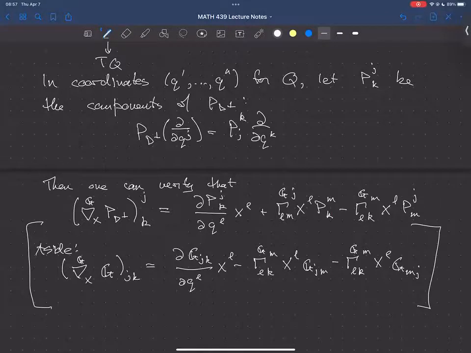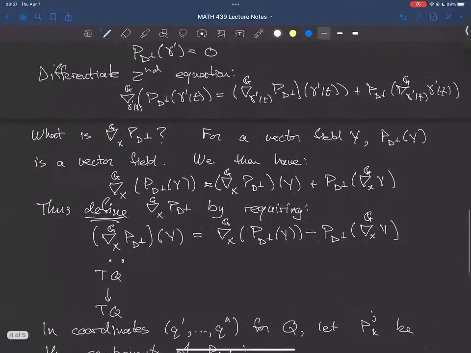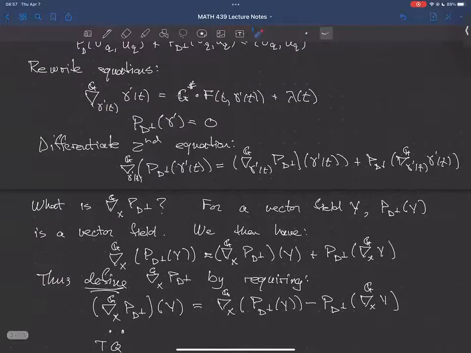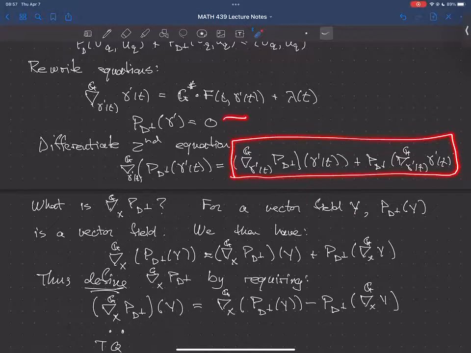Okay, all right, so we were back up here with our equations of motion. I had differentiated this equation and I'd gotten that this must equal 0, because this was equal to 0, and the covariant derivative of something that's 0 should be 0.